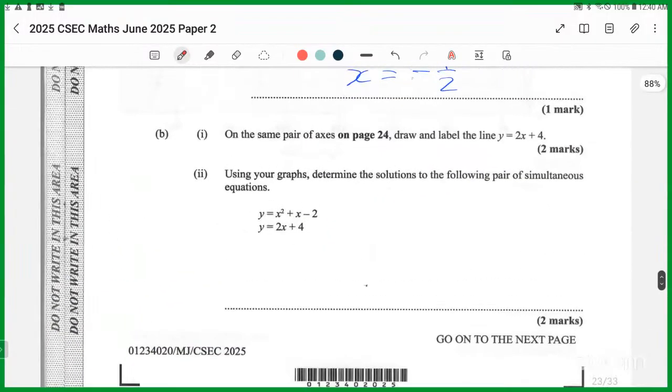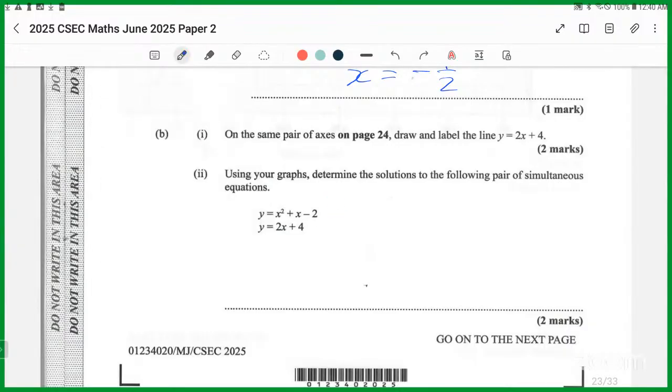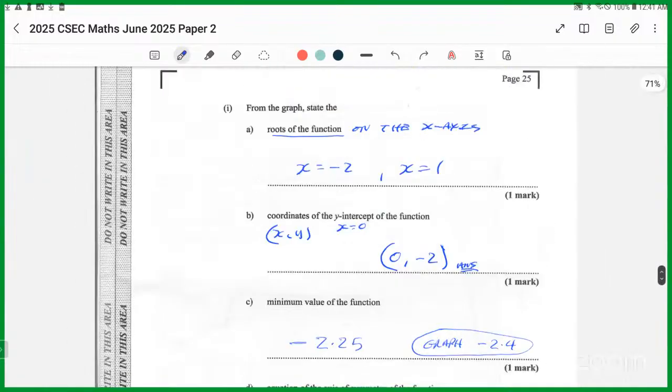It says use the graph to determine the solution for the pair of simultaneous equations, and I want the solution. It means that I want the x and the y value. If you just put the x value alone, you are wrong. You want the x and the y value. So let's go back and put the x and the y values.